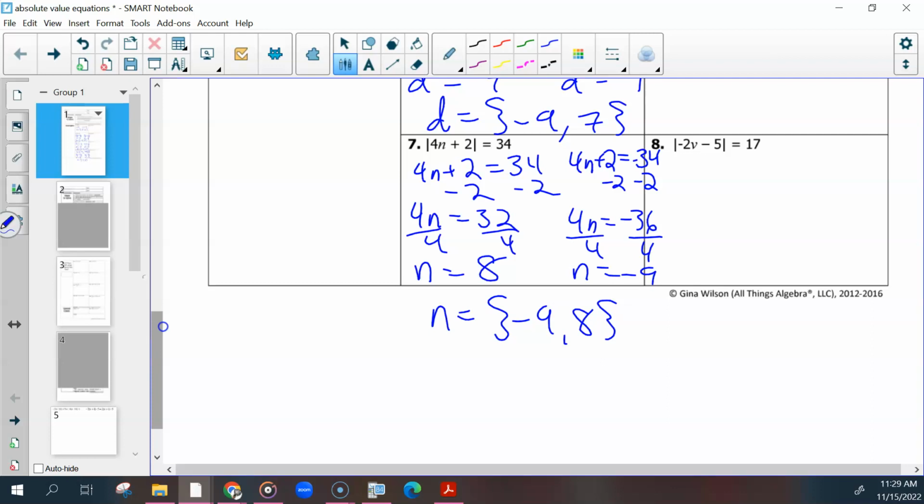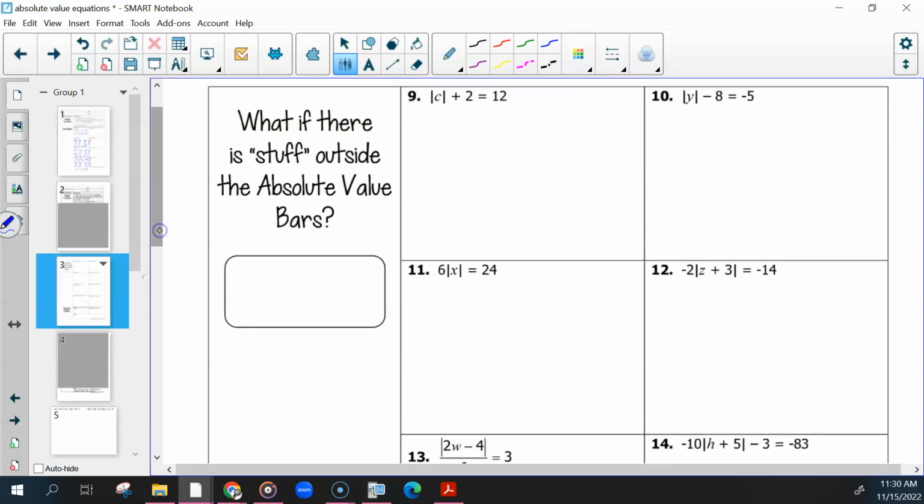Questions so far? Once you have this written down, move on to number 9 on the back. Can you make sure you're writing this down? In this box over here, isolate the absolute value bars.